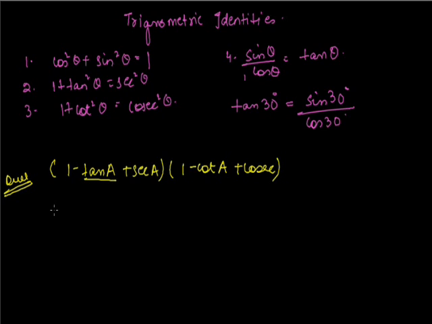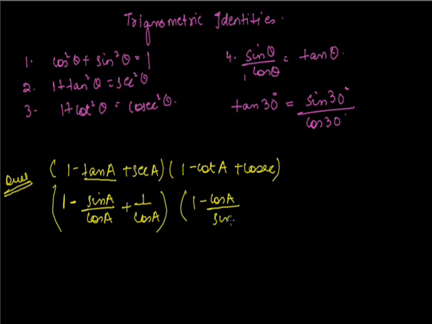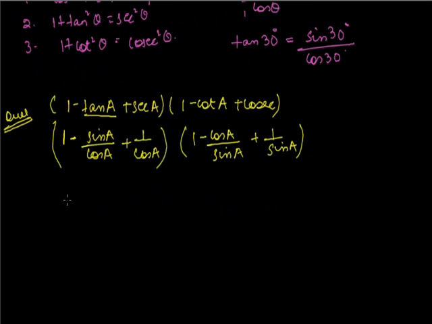As I have known that tan A is equal to sin theta upon cos theta, so I can write it as sin A upon cos A. Also in the previous section I have taught you that sec A is 1 upon cos A. Similarly cot A will be written as the reverse of tan A, which is cos A upon sin A, and cosec A is 1 upon sin A. Now we'll be taking out the LCM.